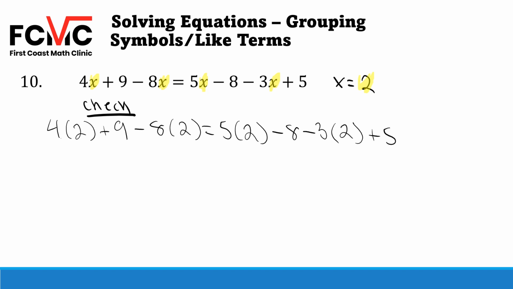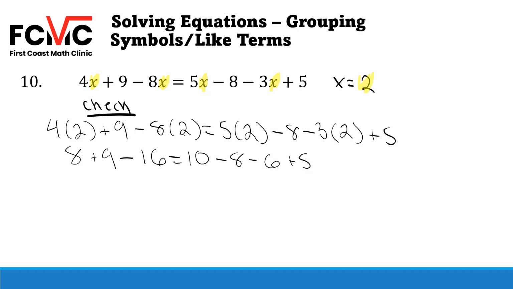So on our left side, 4 times 2 is 8 plus 9 minus 8 times 2 is 16. On the right side, 5 times 2 is 10 minus 8. 3 times 2 is 6.